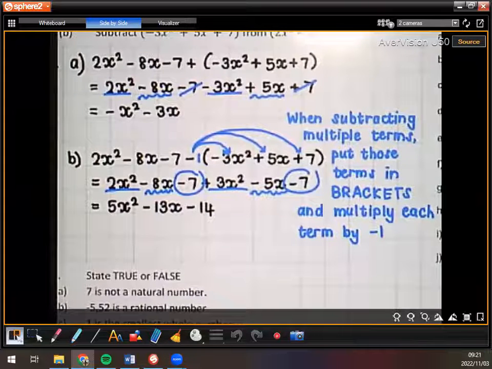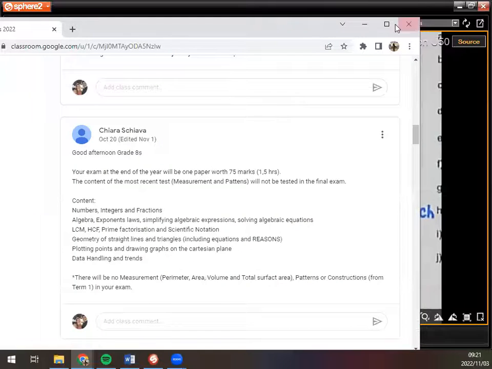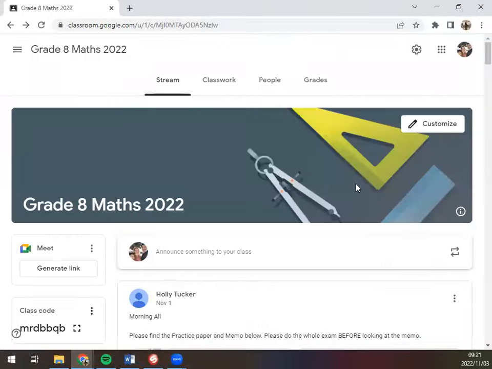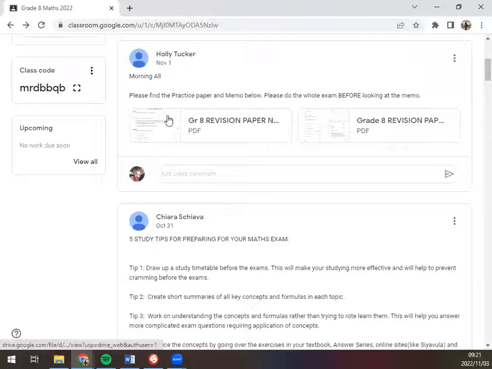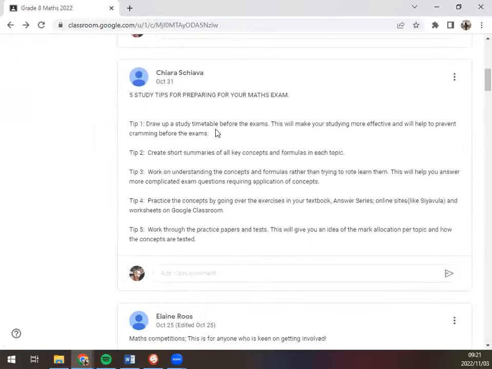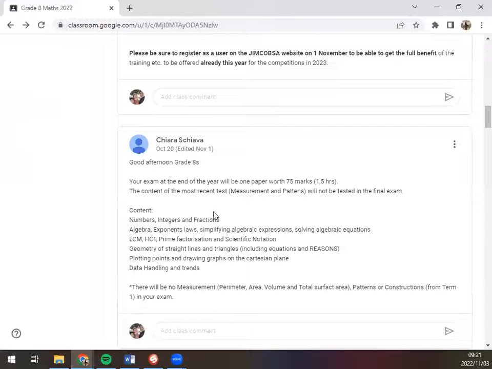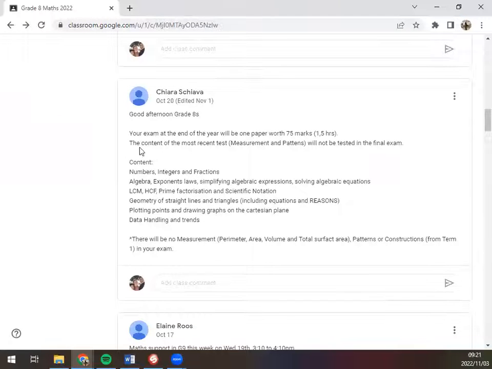Okay, I see. So it's under the stream. You just have to scroll down a little bit. Okay. So there's the revision paper and a memo, and then there's some study tips, and then there's something about maths competitions here, and then there is the scope. All right. So that's all the stuff that you need to go through.